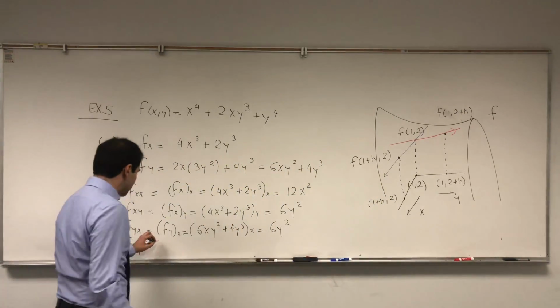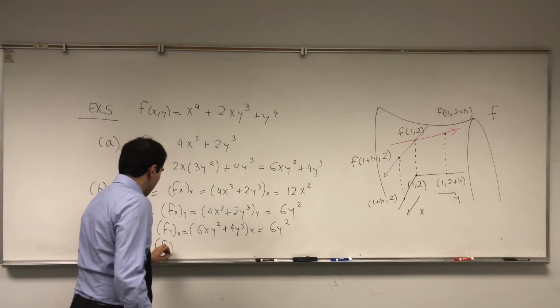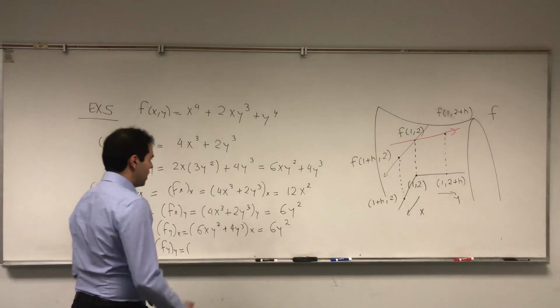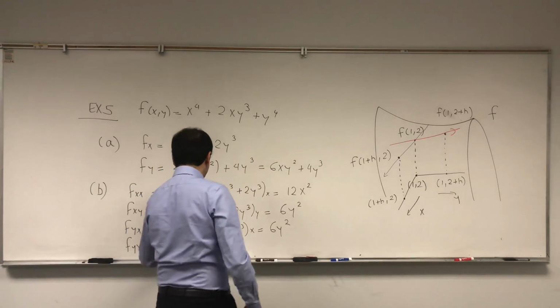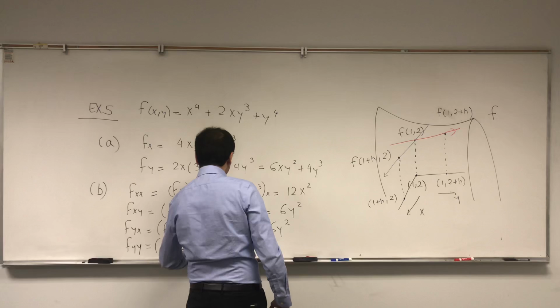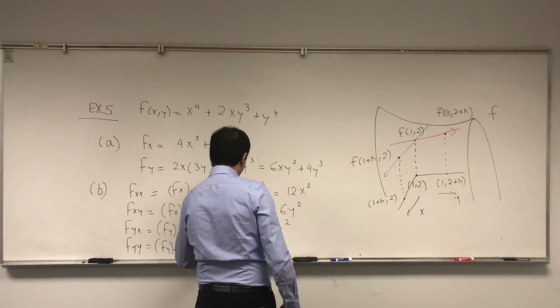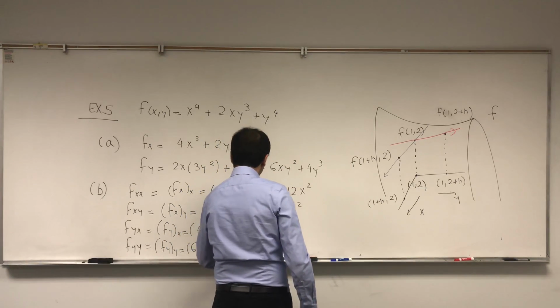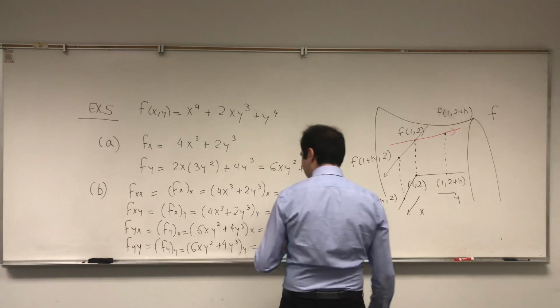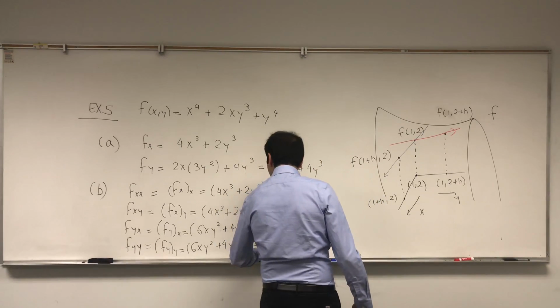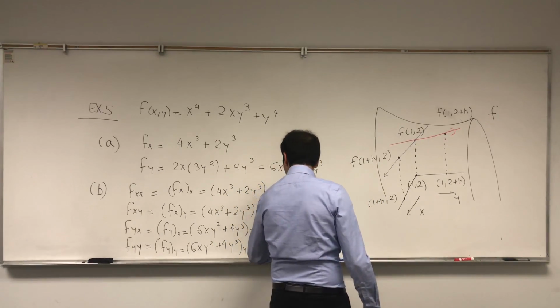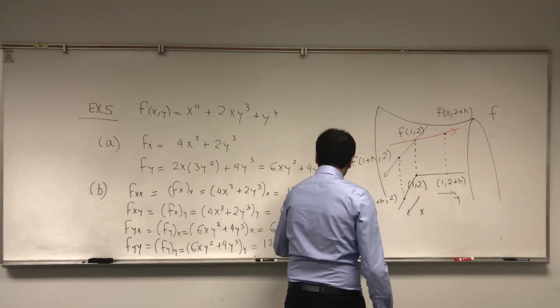And lastly, let's do f_yy. That becomes the last one with respect to y, so 6xy squared plus 4y cubed with respect to y, and I think that becomes 12xy plus 12y squared.